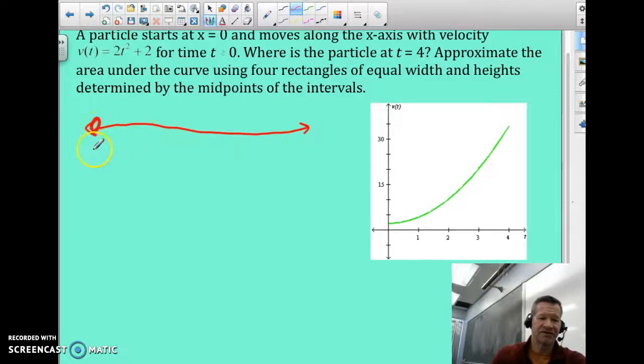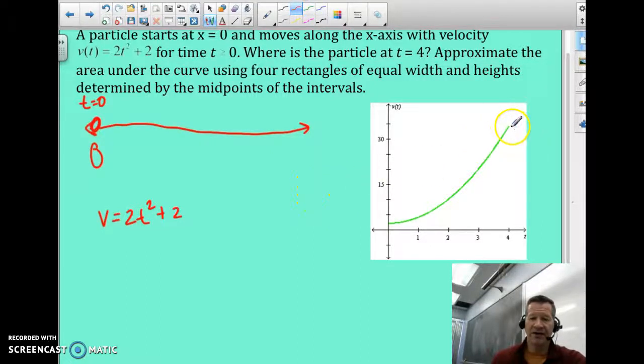So at time 0, it starts at 0 again. But this time the velocity is 2t squared plus 2. Where is the particle at time 4? Approximate the area under the curve using 4 rectangles of equal width and heights determined by midpoints.